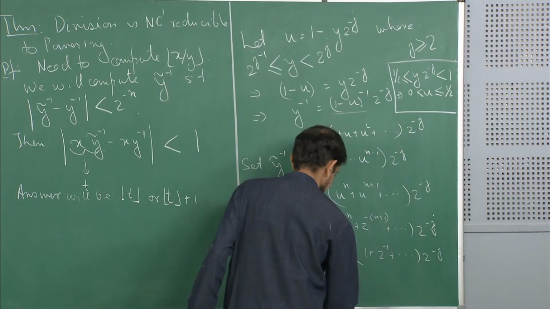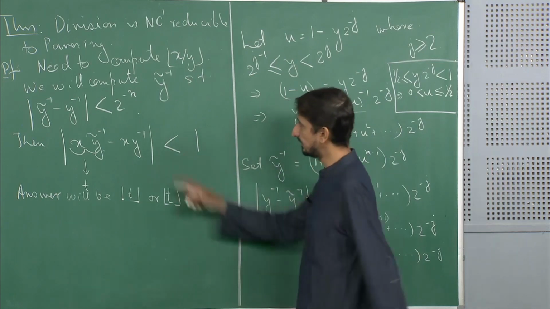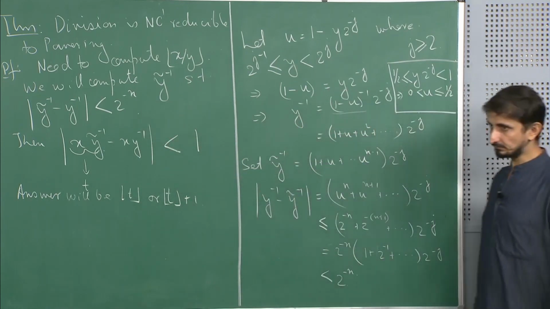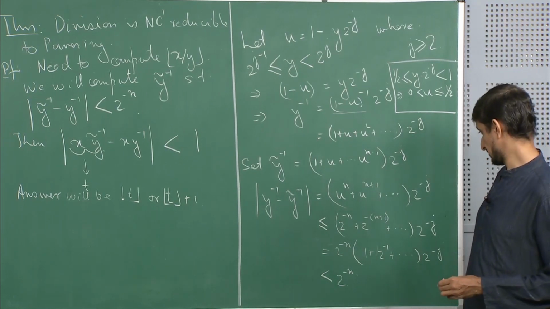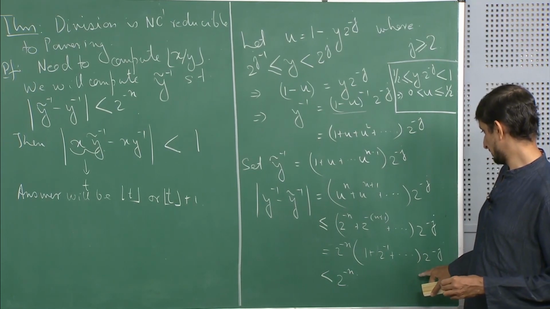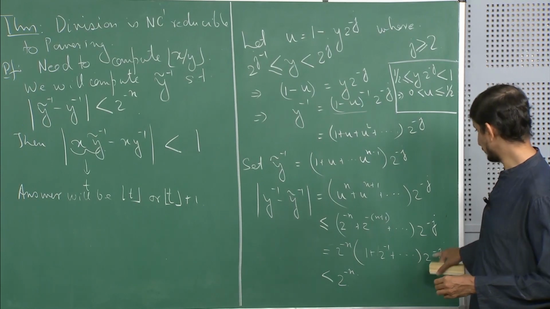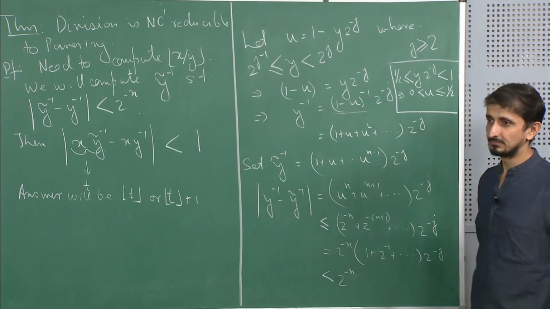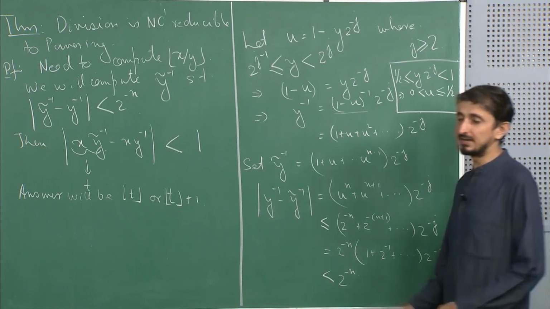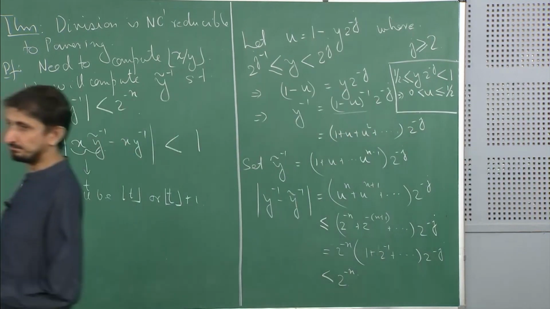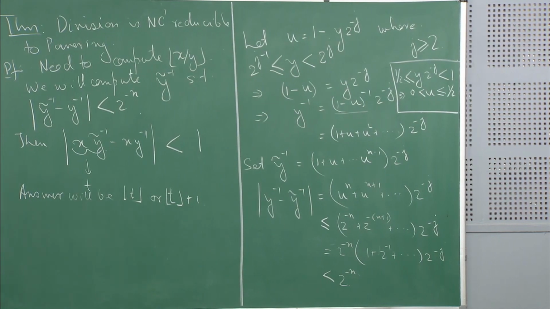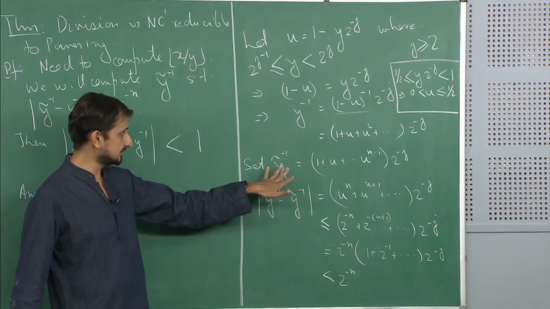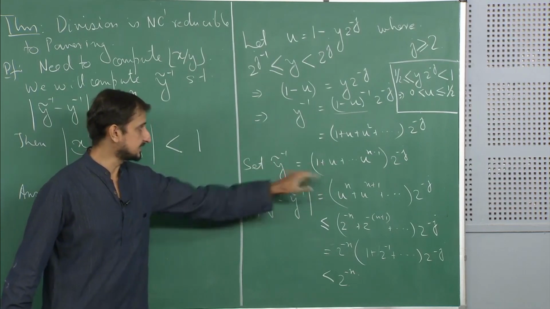So, therefore, this is less than 2 to the power minus n, as we wanted. If j is 2, then it should be divided by 2. So, 2 divided by 2 is 1, so anyway it is not more than 1. So, this is the analysis, and this is what we actually wanted: to have y tilde inverse as this quantity.